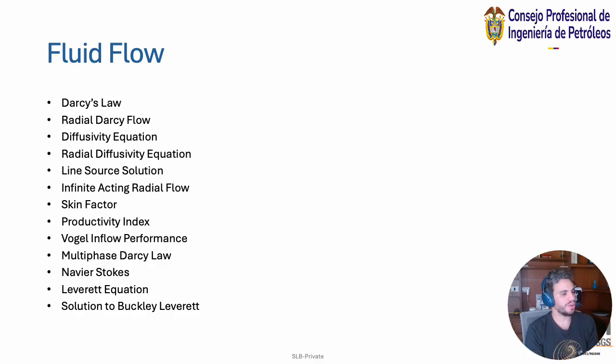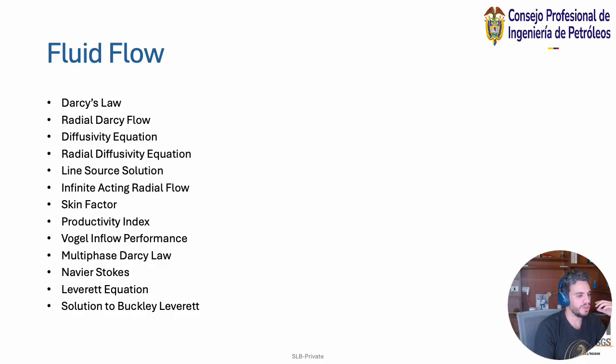So we'll start off with Darcy's law in its simplest form, and then we'll move on to taking Darcy's law and making it radial, and that will allow us to understand how things are behaving with respect to a well. So with lots of these equations you'll see the simplest form first.